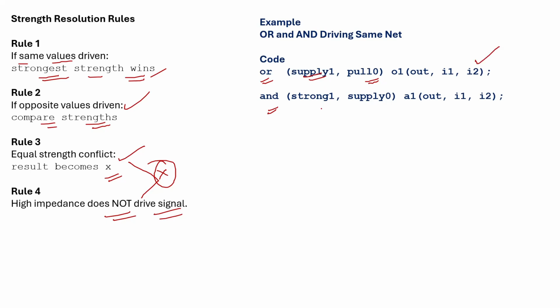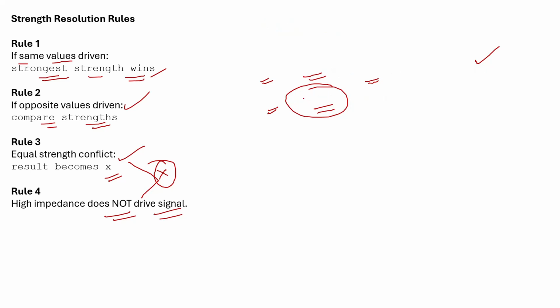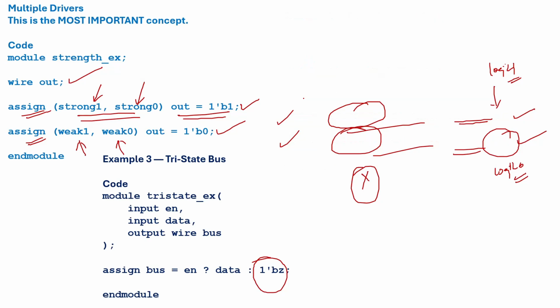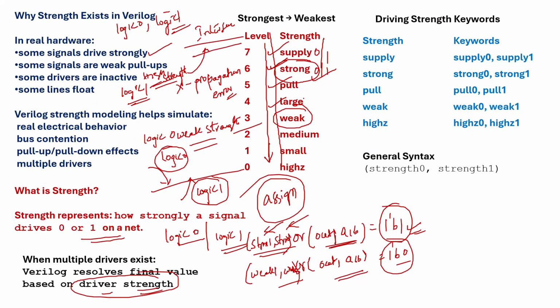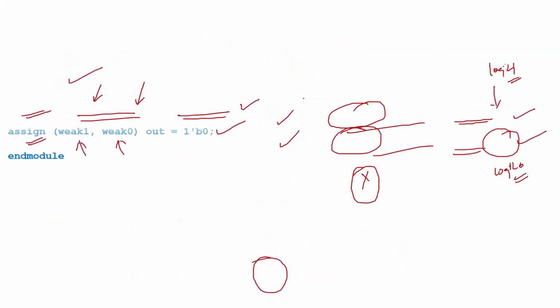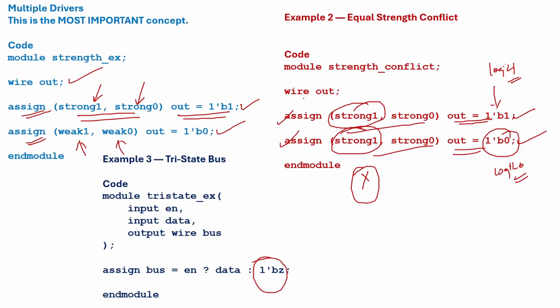But compared to strong 1 and supply 1, who wins the race here? Strong wins, right? Because strong is the highest priority. No, supply is the highest priority. Supply is the highest priority, and strong is the next priority. So supply obviously wins the race. Remember, supply is the highest priority.